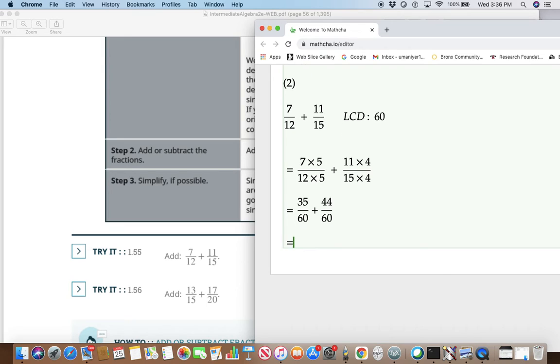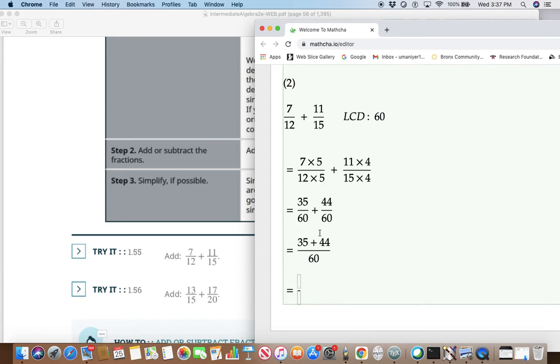So this gives you the fraction 35 plus 44, and the denominator is the common denominator, therefore 60. This equals the fraction 35 plus 44 is 79 over 60.